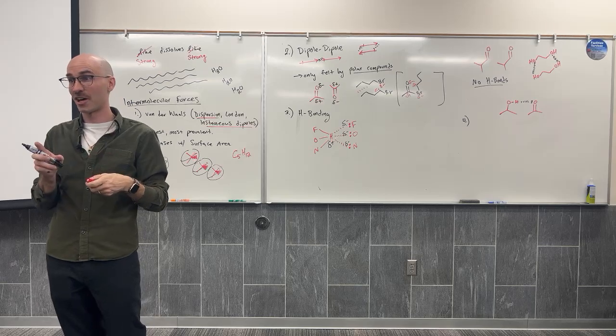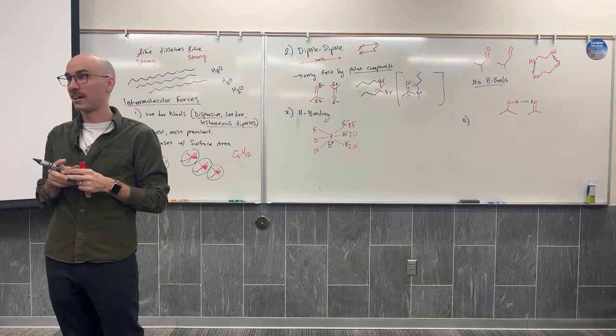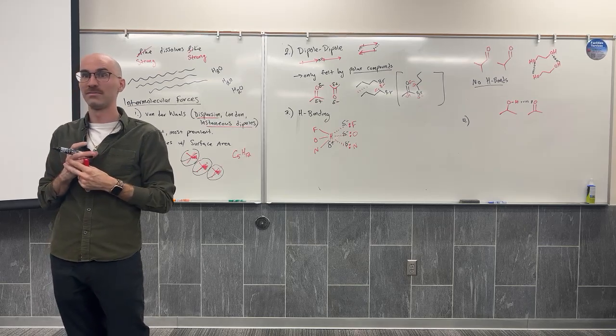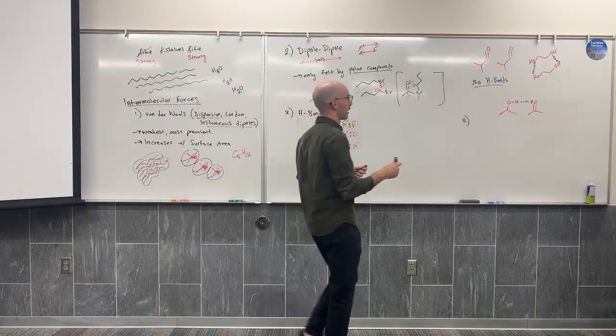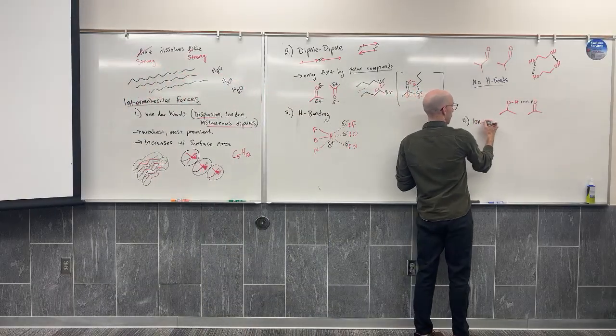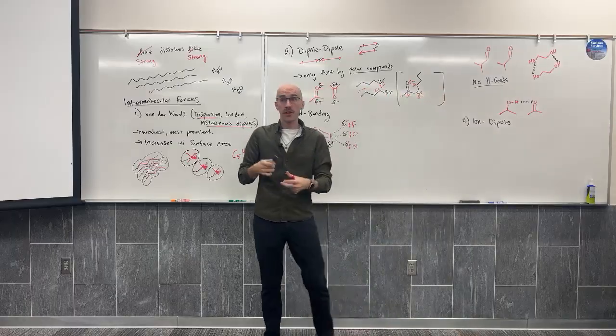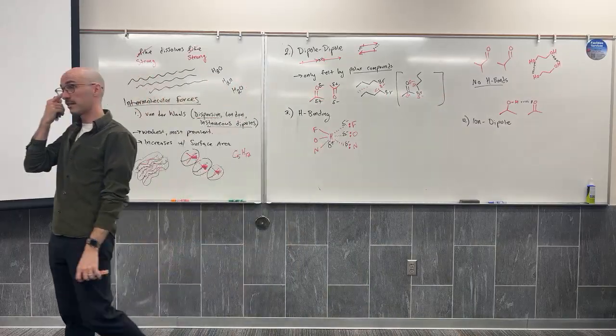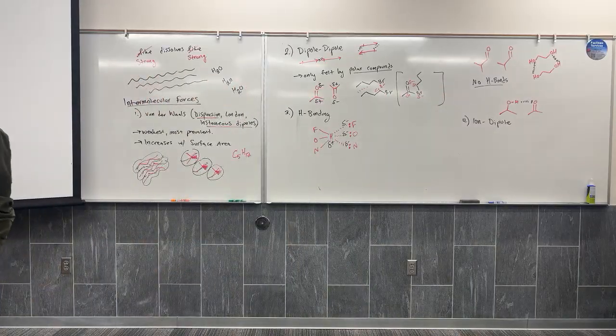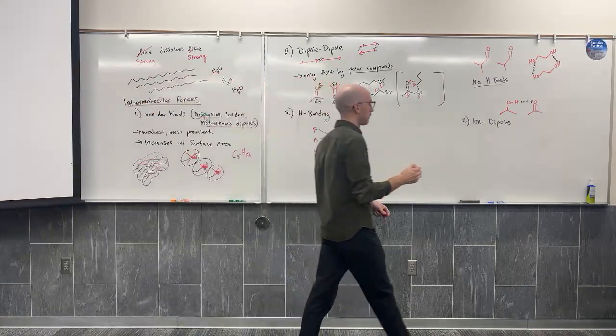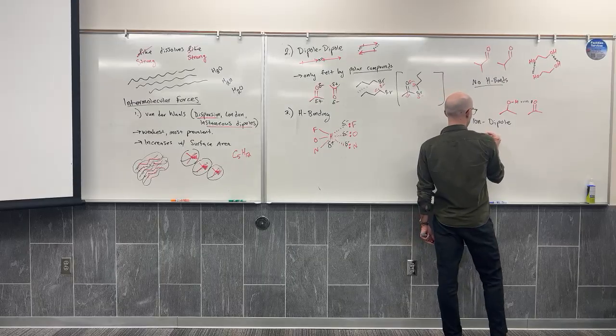And instead, we should talk about ion dipole, how a dipole interacts with an ion. So in order to consider ion dipole, I almost always have to have two different molecules. An exception there might be if we look at amino acids.